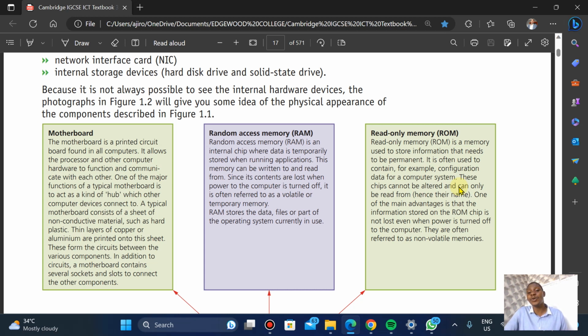Then we have the read-only memory, which is used to store information that needs to be permanent. So for the RAM, data is temporarily stored, and for the ROM, they store information that needs to be permanent.